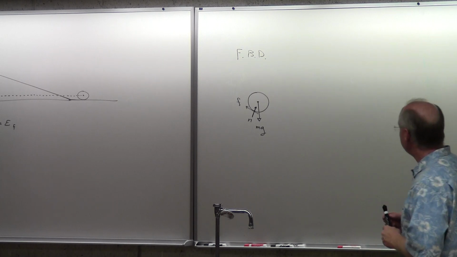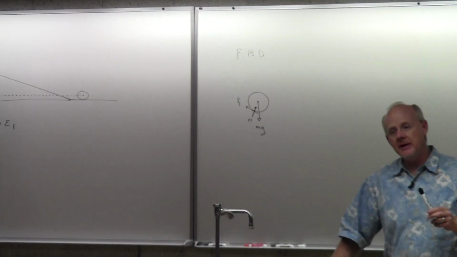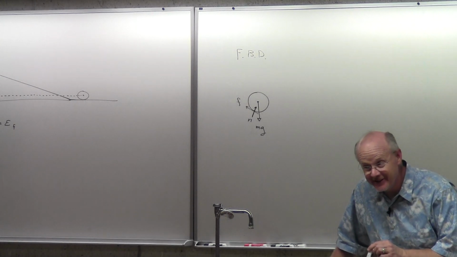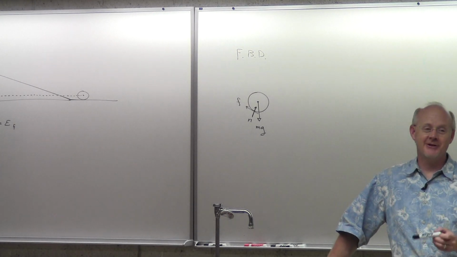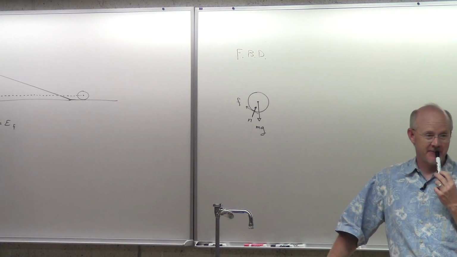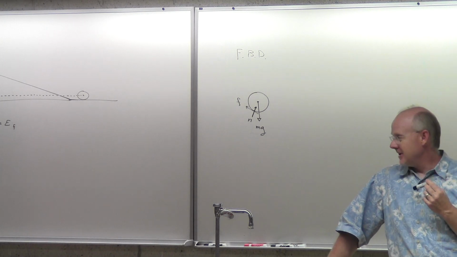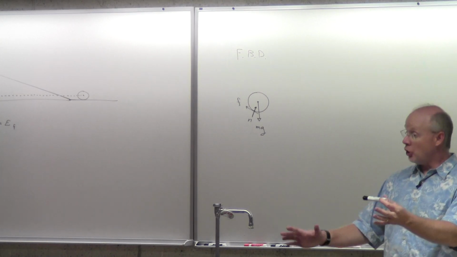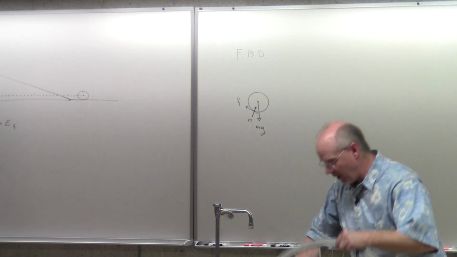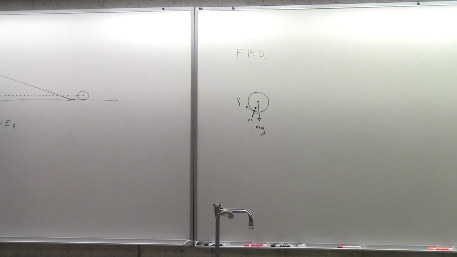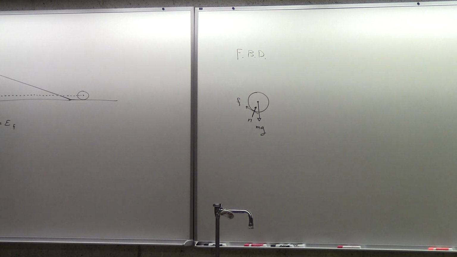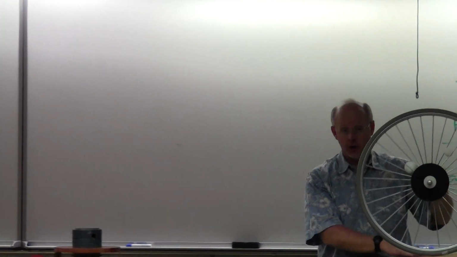Okay. Now, question. Would it be a static friction or a kinetic friction? Yeah, most likely it's static. It could be either one, right? I mean, normally a wheel rolls like this. And see how there's no sliding going on between the rubber tire and the wood?